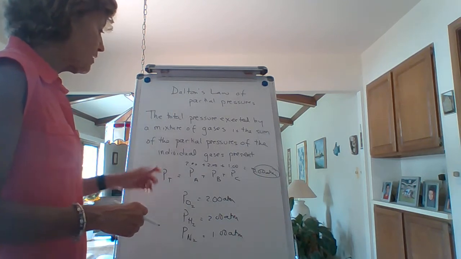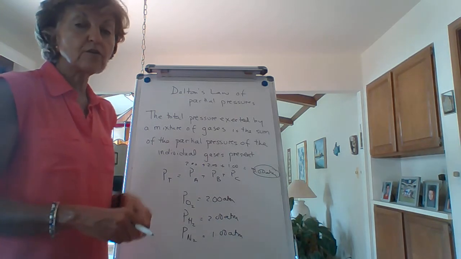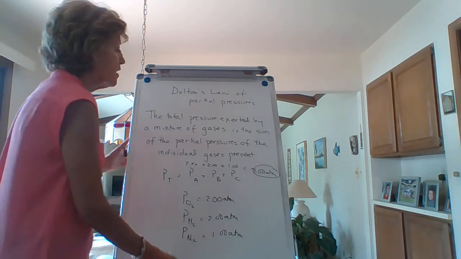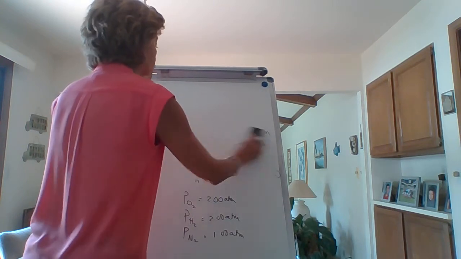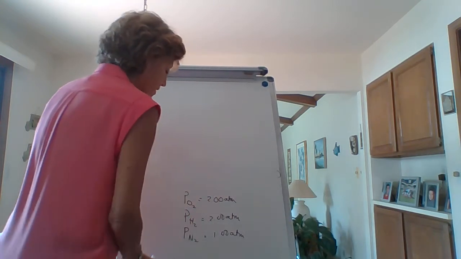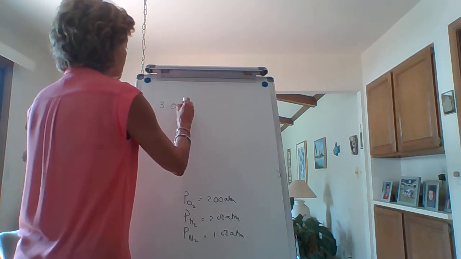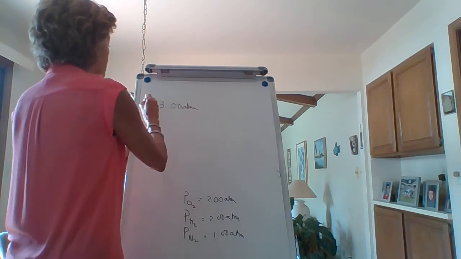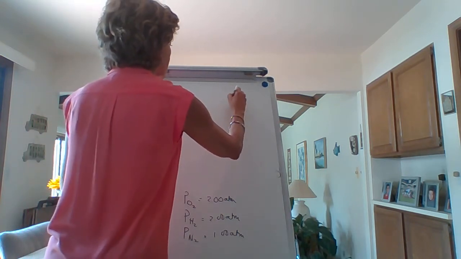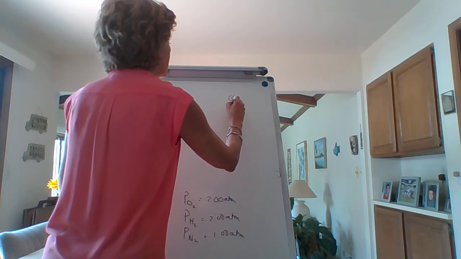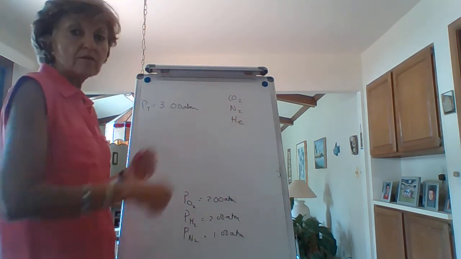If you are given the total pressure and you're given a couple of the gases and one is left out. So let's say you have this scenario here. You are given that the total pressure in the container is, let's say, 3 atmospheres. That's your total pressure. And you know that you have carbon dioxide, nitrogen, helium in the container.